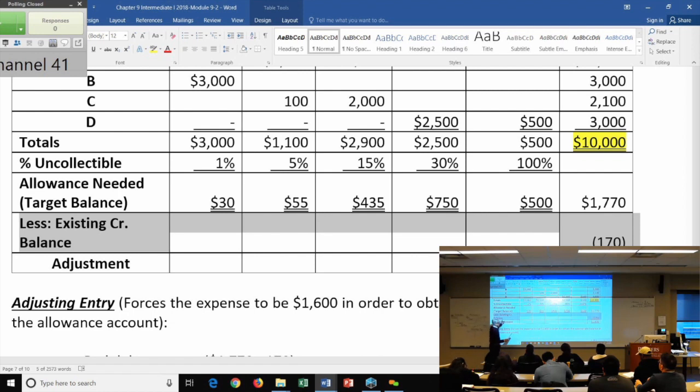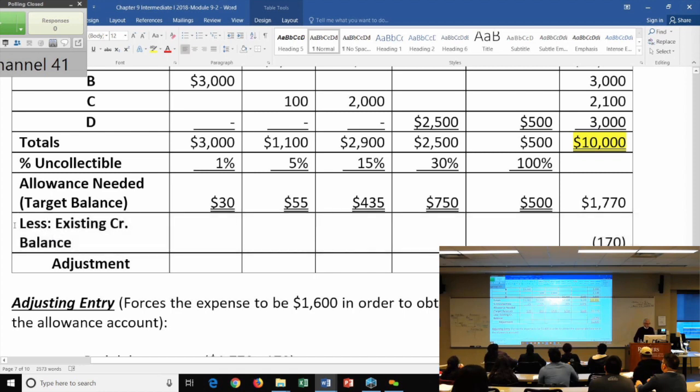So instead of having an existing credit balance of 170, I'm now going to tell you we started the adjustment by having a debit balance of 200. What do you do? How much is the adjustment? You can do one of two things. You could plug the allowance account, or what would happen here? Instead of an existing credit balance, you would be adding an existing debit balance.